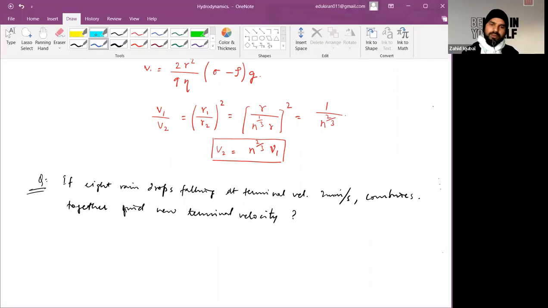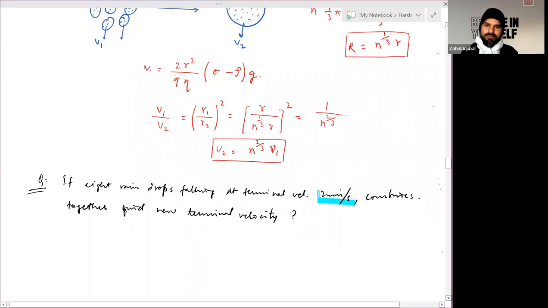Initially, raindrops are falling with 2 mm per second velocity. Now, what will be its new velocity if they combine to form a single large drop?